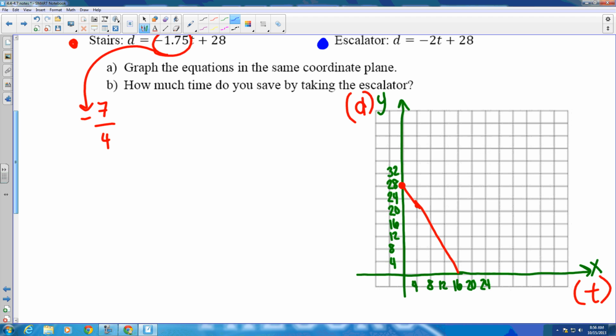You can keep track. Same d-intercept at 28, only it goes down 2/1 for our rise over run.